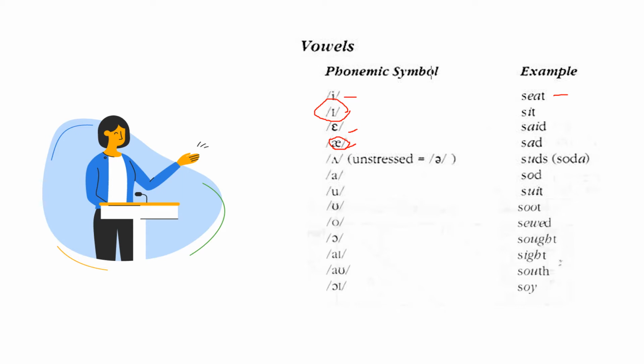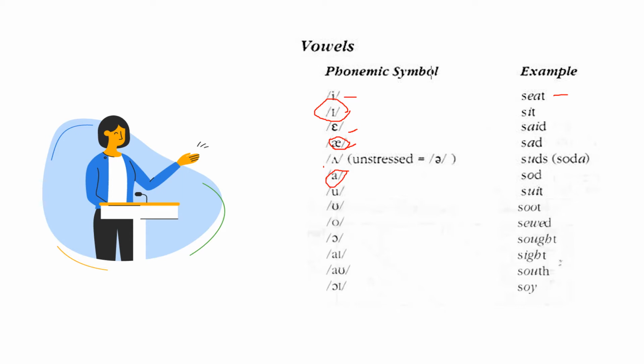So this is like cat, said, left. The fifth symbol is an inverted letter V, and this is unstressed. For example, cup, soda, right?